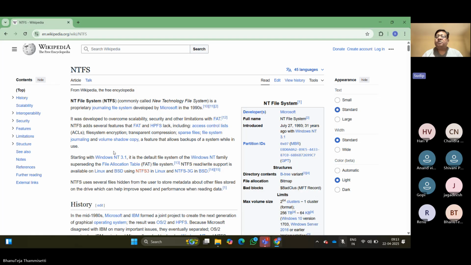See, when it was invented in the year 1990, by whom? Microsoft. It was invented in 1990 but released in the market in 1993. It first got shipped with a version of Windows called Windows 3.1, which is what we used to use when we were very small.